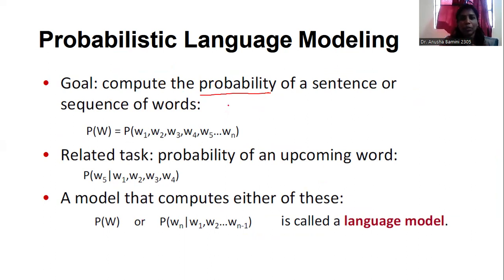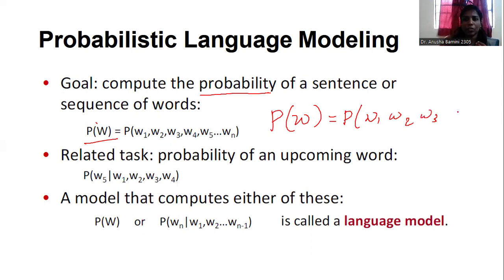You already learned probability in your maths classes in school. P is the probability of a particular word, calculated based on the words already occurring, called W1, W2, W3 up to Wn. So our goal is to compute the probability of the sentence or a sequence of words.